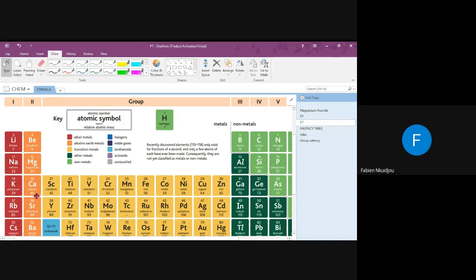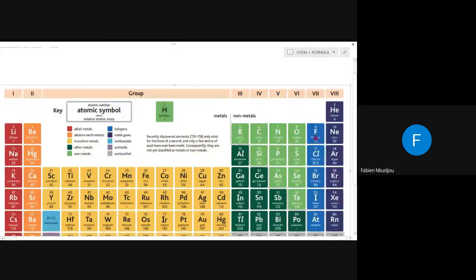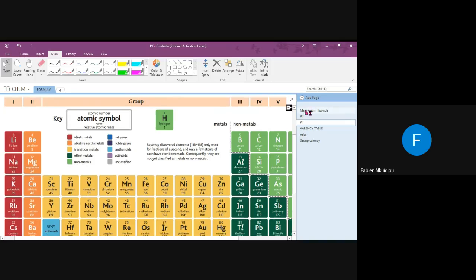Magnesium is in group 2, so of course its valency is 2. Now, what about fluorine? Fluorine is in group 7. Take note, the valency of fluorine is not 7 in this case. It will be 8 minus 7, which is 1. So the valency of fluorine here is 1.